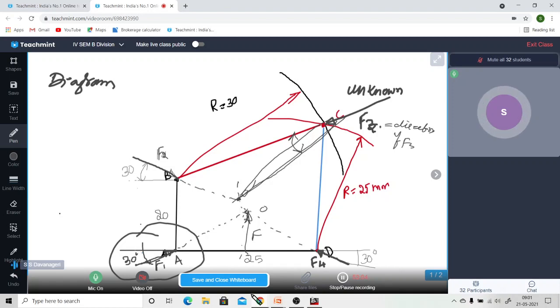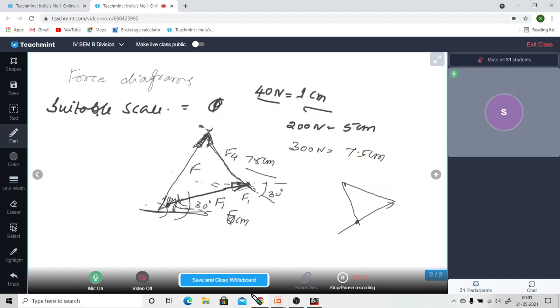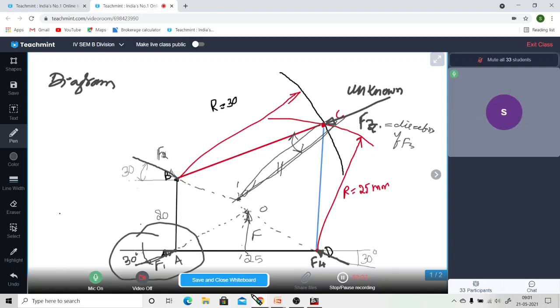Now you got the direction of both forces F2 and F3. Now parallel to this line, that is O dash C, from this point you just draw one parallel line with respect to O dash C. Similarly, parallel to this B O dash, draw one more line.